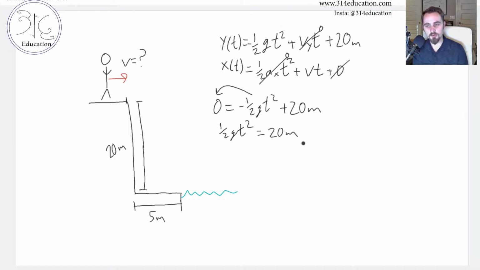We want to get t on its own, so we'll multiply by 2, divide by g, and take the square root, giving us the square root of 20 times 2 divided by g. So that's going to be 40 divided by 9.8, and I need to use a calculator for that.